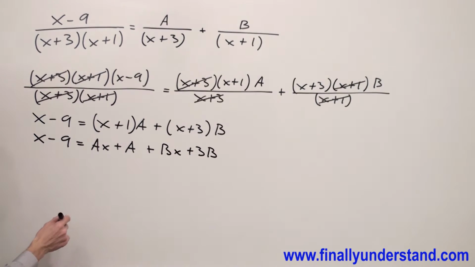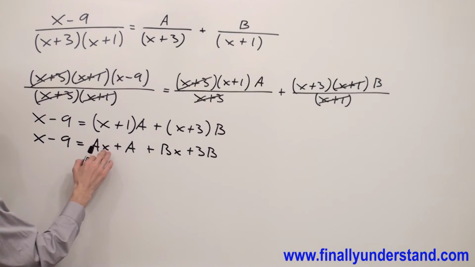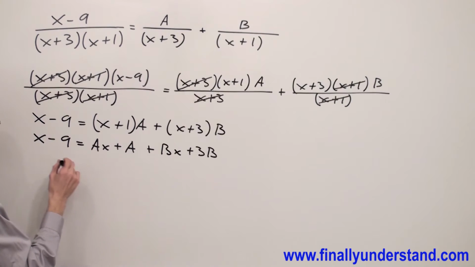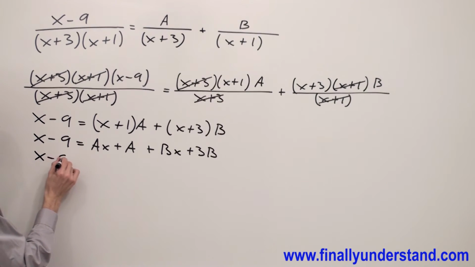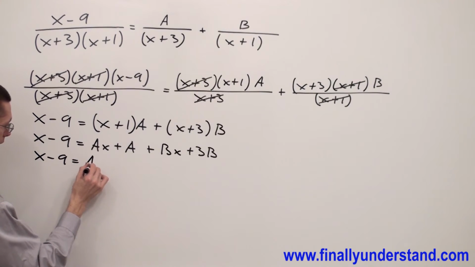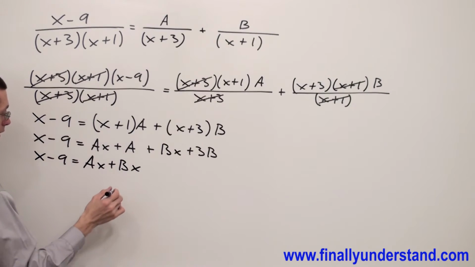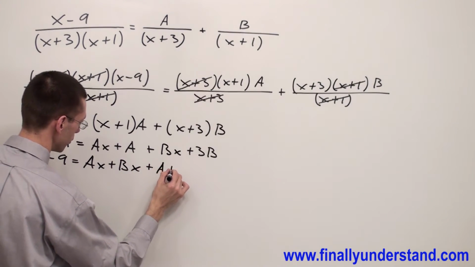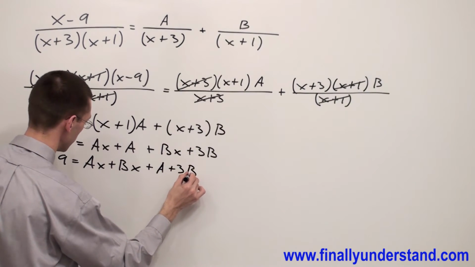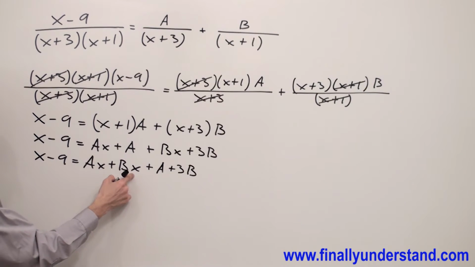Next, I'm going to organize the right side of my equation by putting terms with x next to each other and constants also next to each other. So I have x minus 9 equals ax plus bx plus a plus 3b.